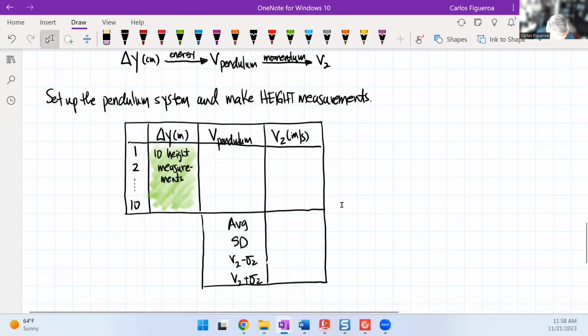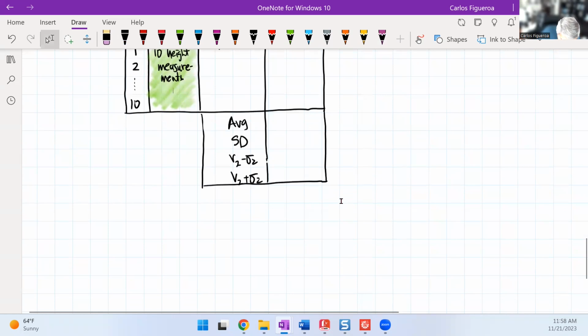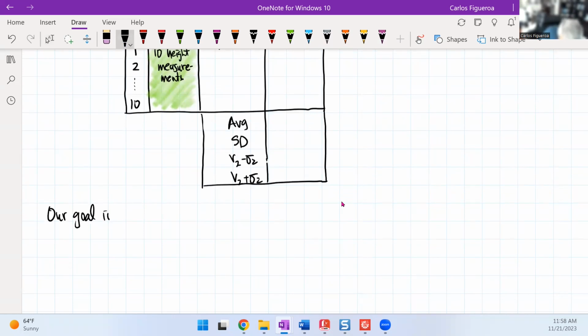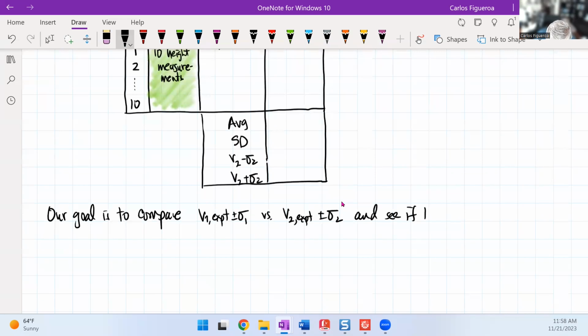And again, like we said earlier, our goal is to compare V1 experiment versus V2 experiment and see if they overlap.